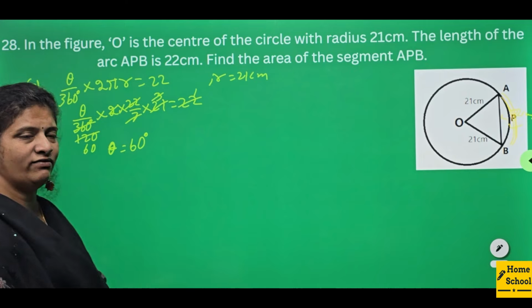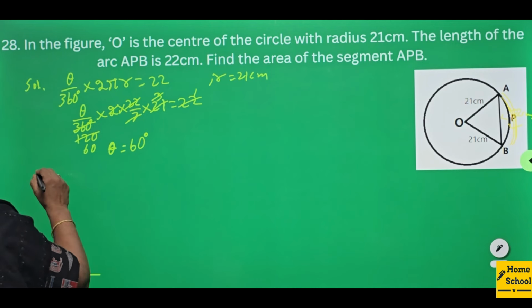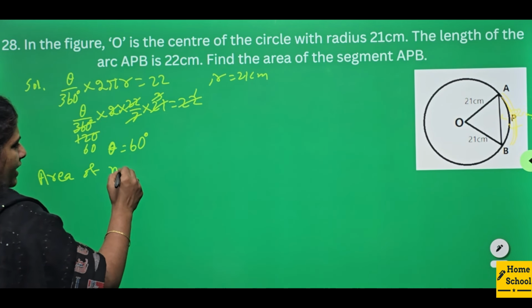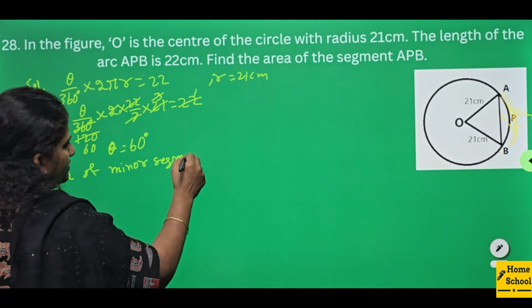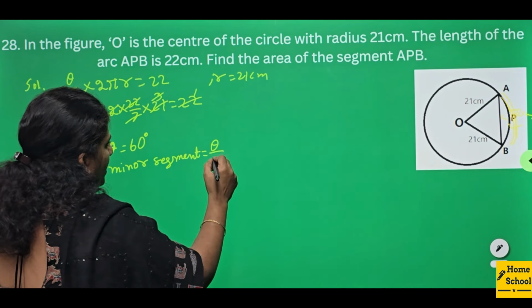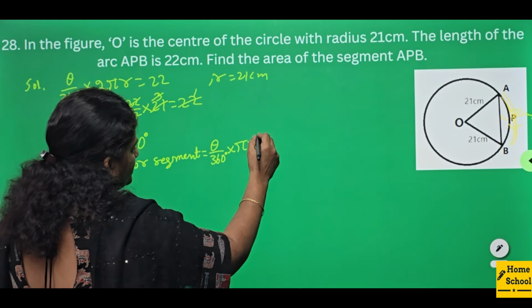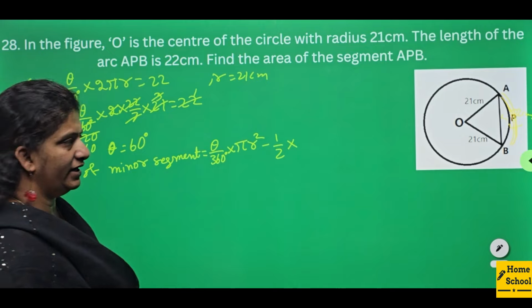We got theta. What we need to find? Find the area of the minor segment. We know area of the minor segment formula. Area of minor segment is equal to theta by 360 degree into pi r square minus half into base into height.